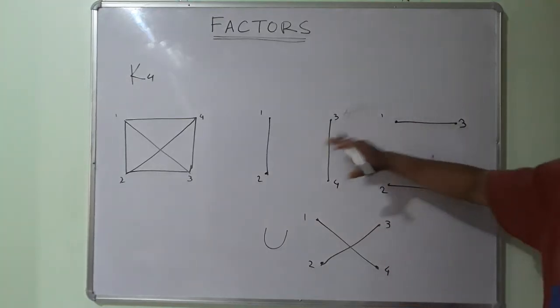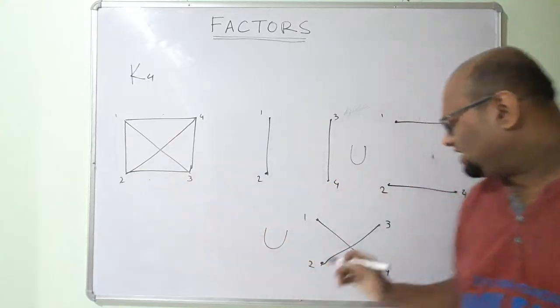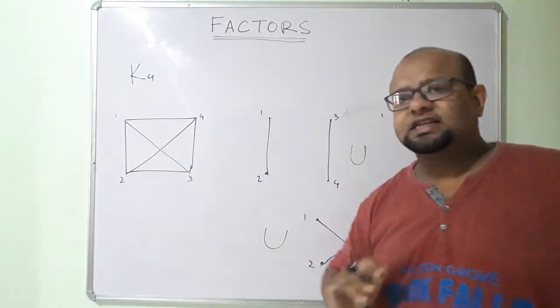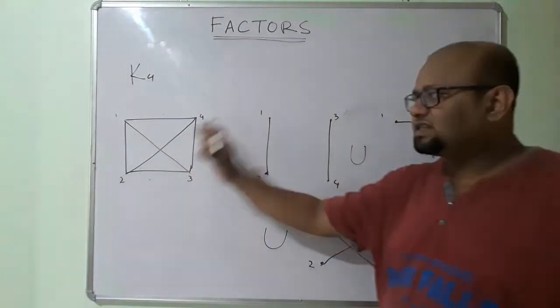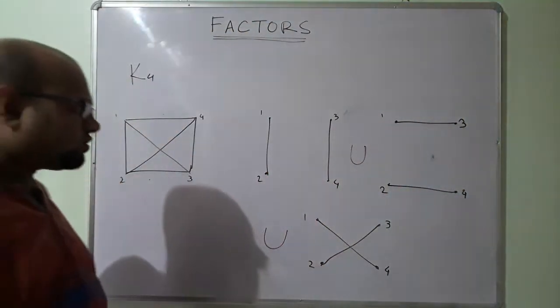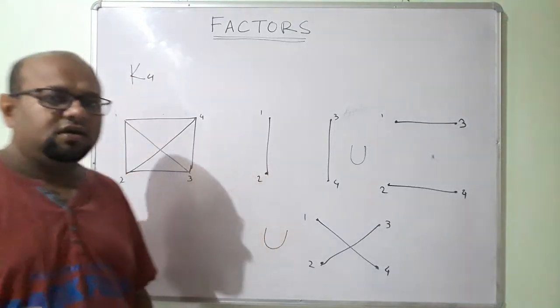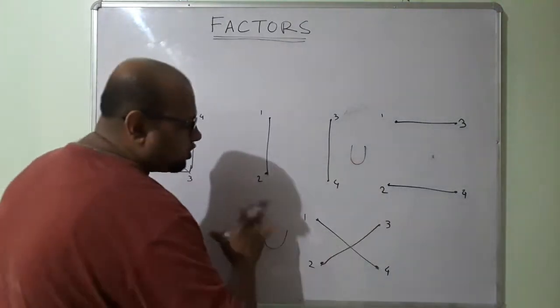Observe, this union this will be this and this, union this will be this and this. So all the edges will go back, and all the vertices, of course, will go back, because all of these subgraphs were spanning and had all the vertices.